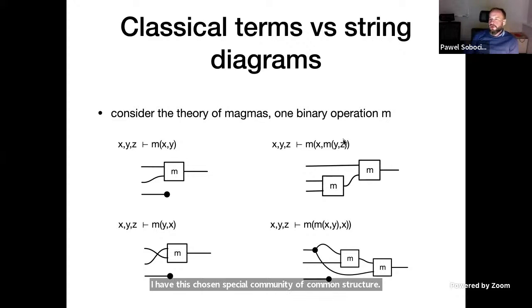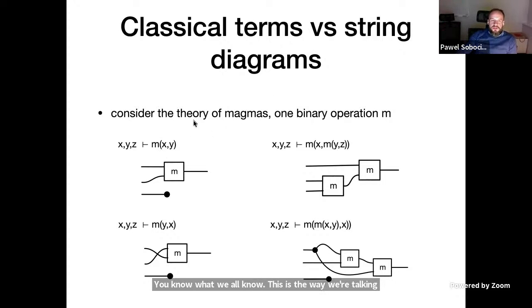And what this commutative comonoid structure does is it does the variable management for you. So the way variables are handled in classical terms is precisely going to be handled by this comonoid structure. And I'll give you some examples, just to give you a feel for how one translates between what we all know, the way we're taught mathematics, classical terms, and string diagrams.